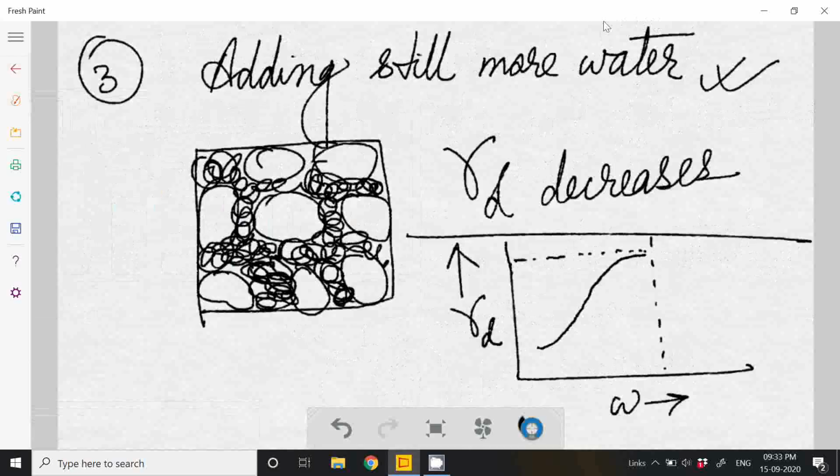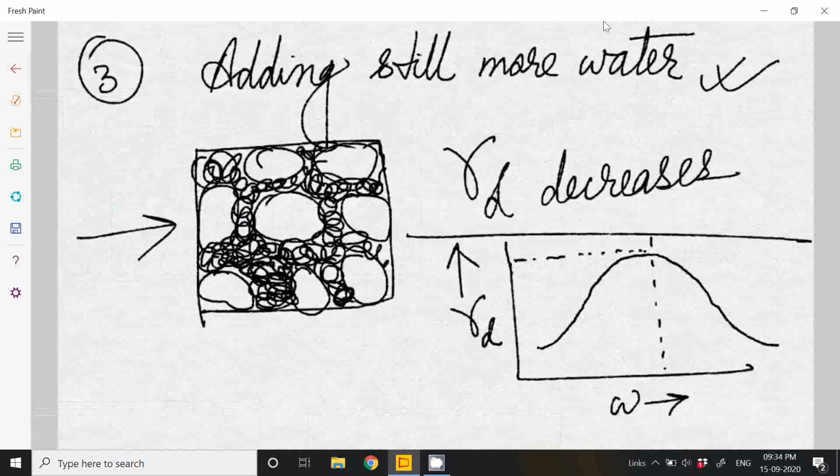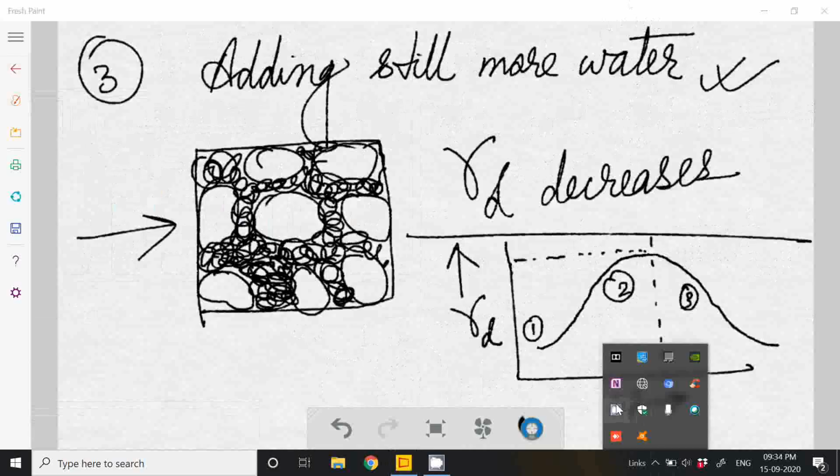In stage 3, the dry unit weight starts falling again, because the water is trying to replace the spaces of particles, and the particles are moving away from each other. This is the first stage, here is the second stage, and here is the third stage. So it is like a story. Think of it like a story.